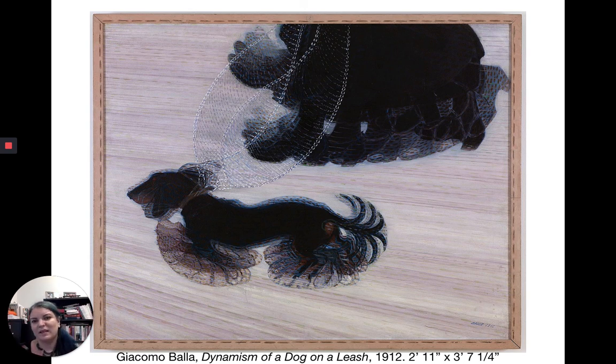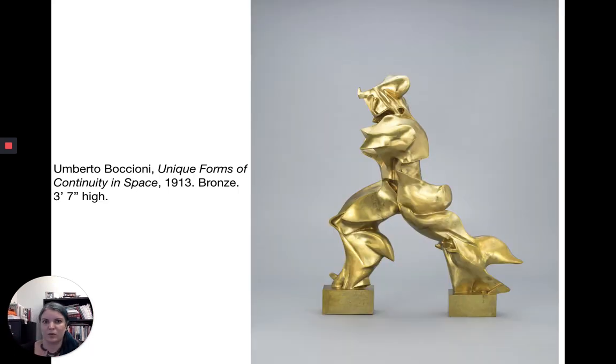So there are ideas that precede this and contribute to it in work that we've looked at. But basically, the main focus of painting in Futurism is this idea of portraying motion and dynamism.